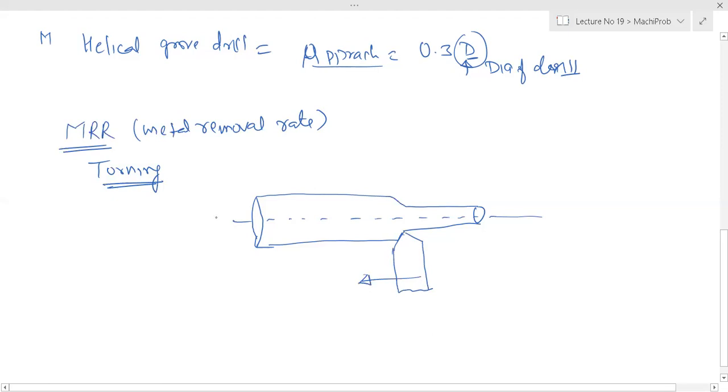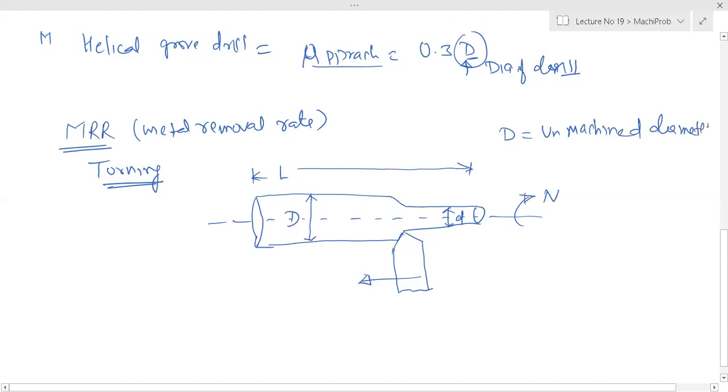This moves with the speed N. This L is the length. This is your unmachined diameter, and this D is your machined diameter.